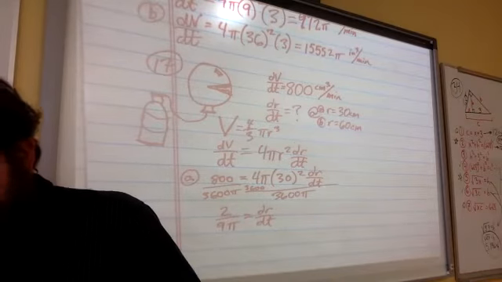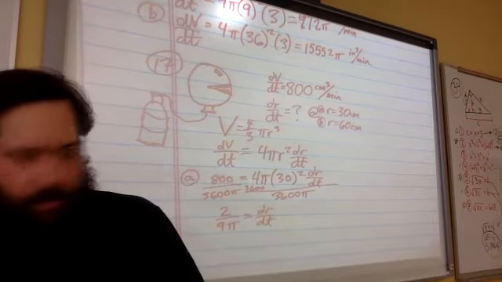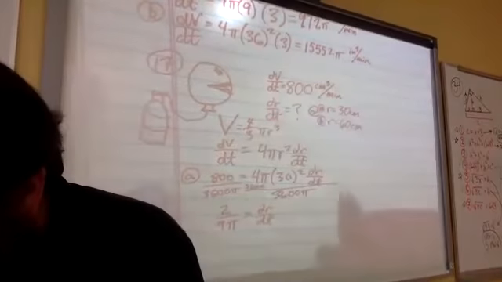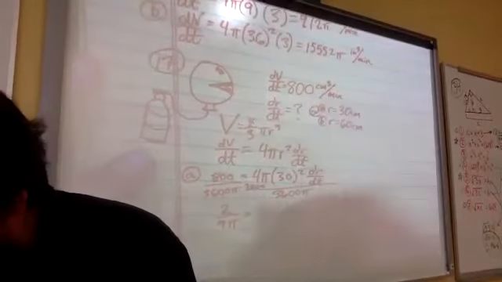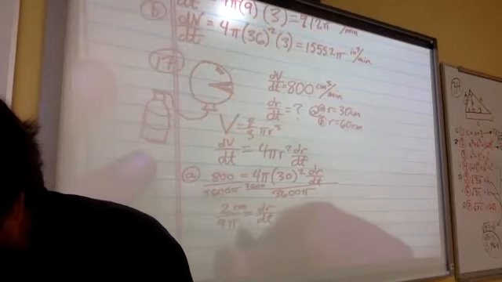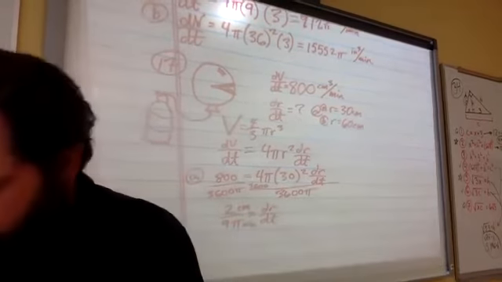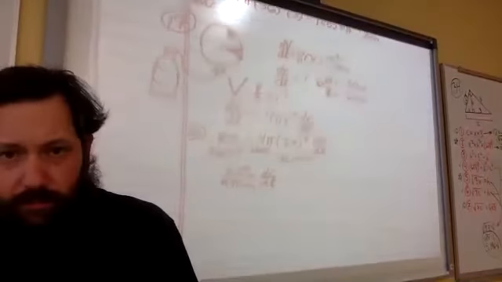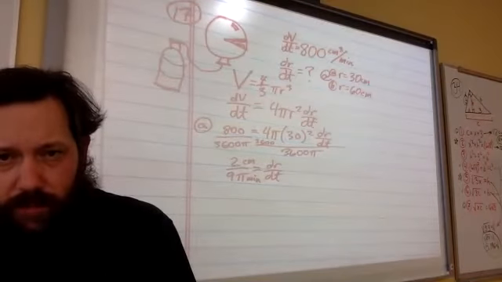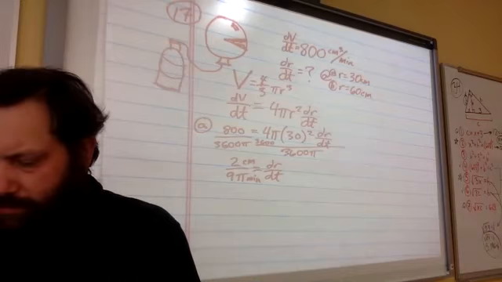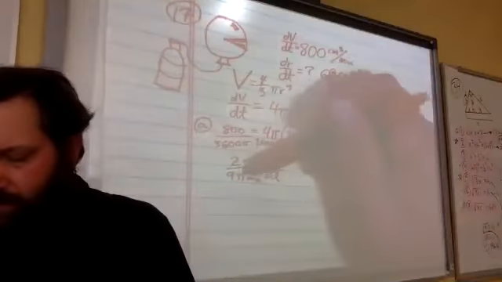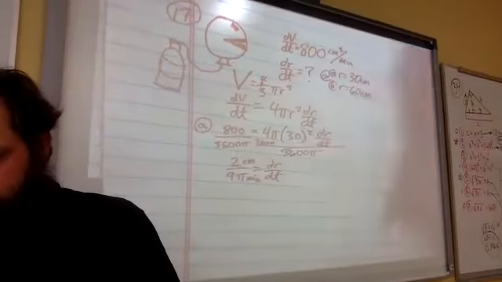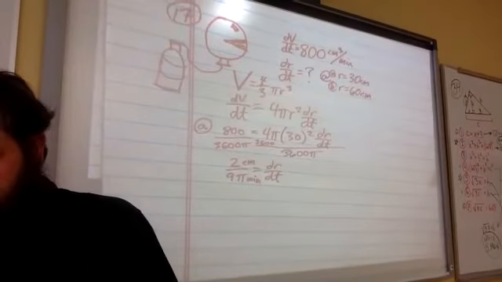Yeah, 2 ninths is 0.2 repeating. But pi goes on the bottom. And then units: the units would be centimeters per minute. That's pretty slow. 9 pi minutes is almost 30. So it's like 1 centimeter every 15 minutes with a radius of 30 centimeters.